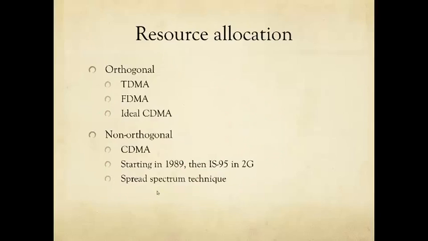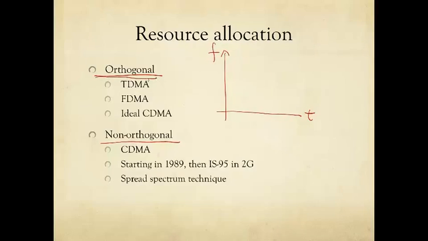Now, resource allocation is a key theme that will be recurring throughout the course. In today's lecture, we will see two different philosophies of allocating resources. Now, the resource could be time, it could be frequency bands.